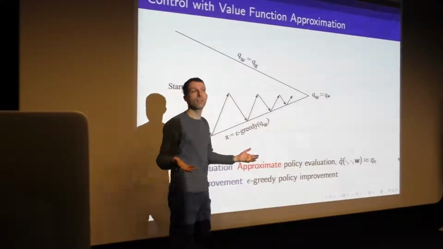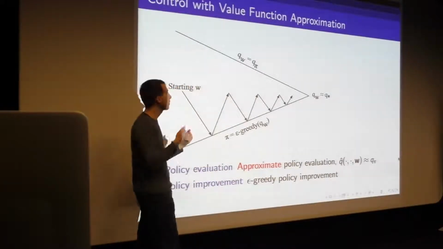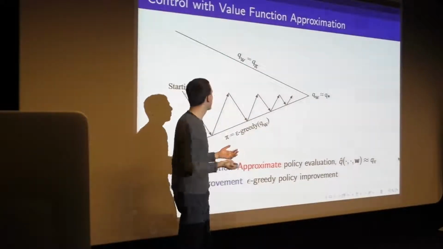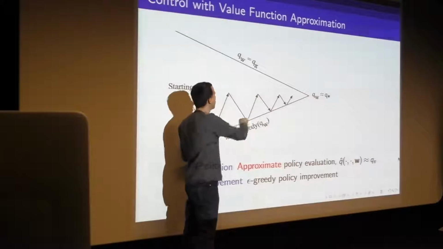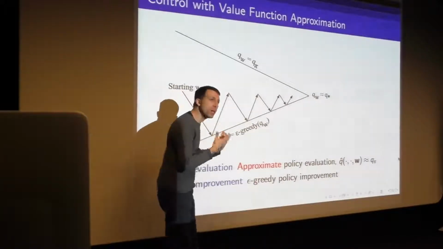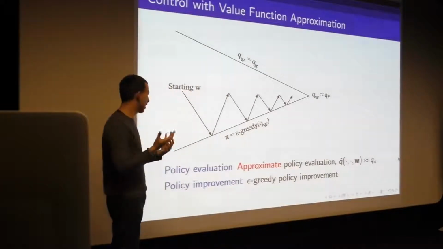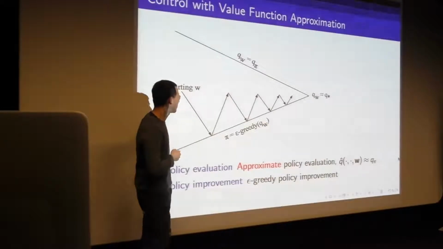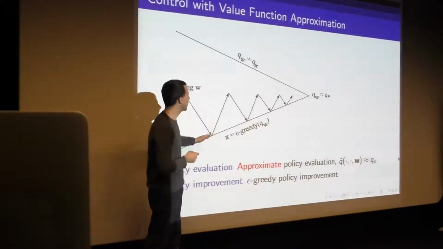Indeed, we know that if we're using a function approximator, we're not going to precisely be able to achieve equality here ever anyway. So what we're going to do instead is take some steps towards it, and then immediately update our policy. And in the most incremental case, where we just do TD for one step, we're going to do this every single step. Every single step, we start evaluating our policy.